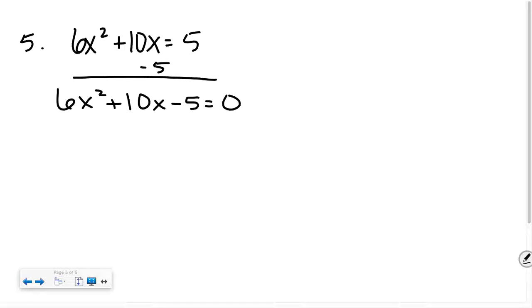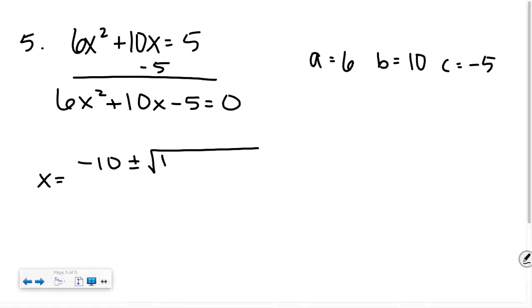Now that it's set to 0, what's my a value? 6. My b value? 10. And my c value? Negative 5. Good. And you're just substituting it back into your quadratic formula. The more you write your quadratic formula down or just say it in your head every time, the better you're going to remember it. x equals negative b, so negative 10, plus or minus the square root of b squared minus 4ac, all over 2a.